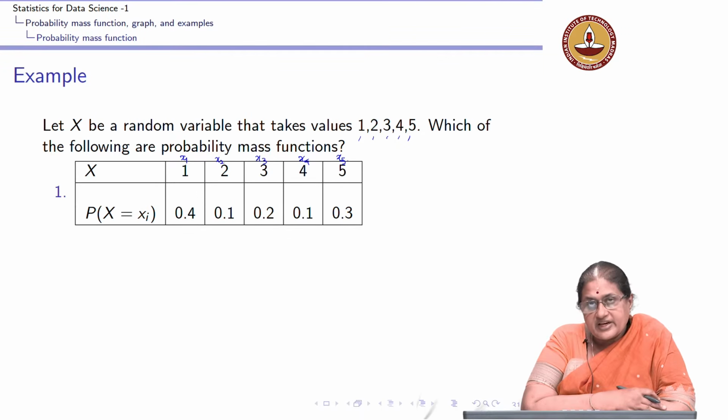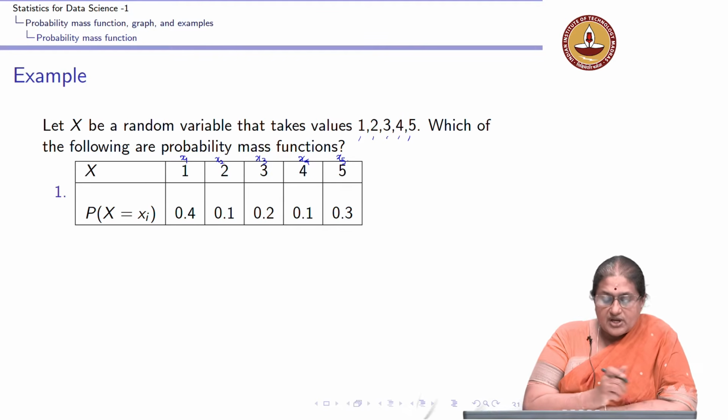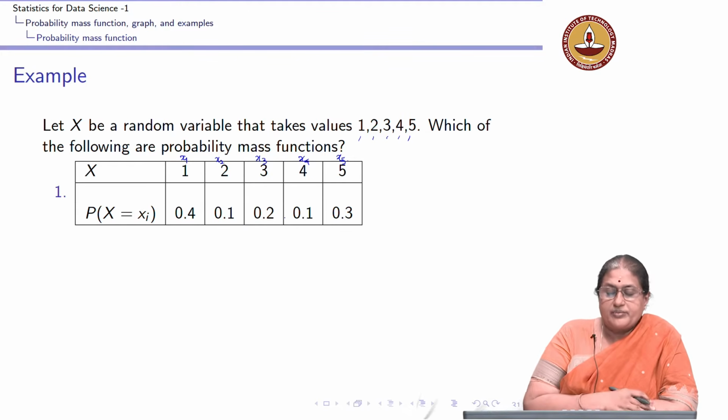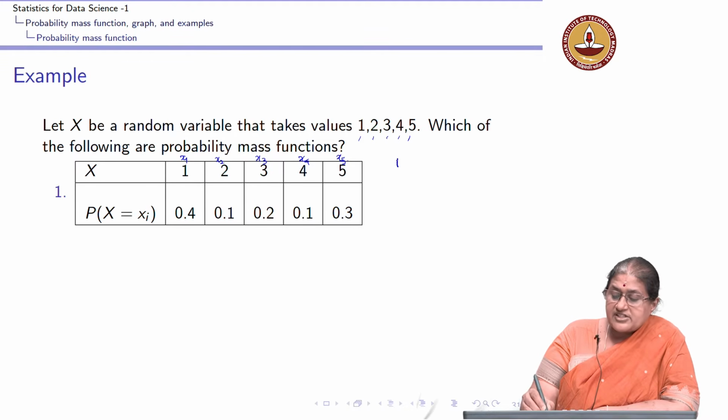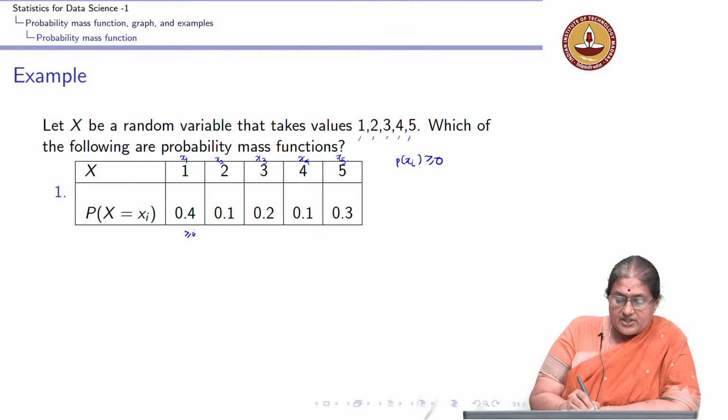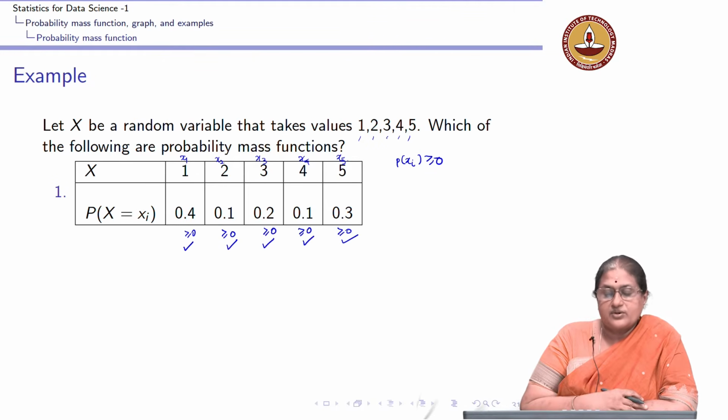Again, it takes a finite number of values with the given probabilities. So, is this a probability mass function? The first condition is I need to check that probability of xi is greater than or equal to 0. Yes, for this, done. This is greater than or equal to 0. This is greater than or equal to 0. This is greater than or equal to 0. This is also greater than or equal to 0.